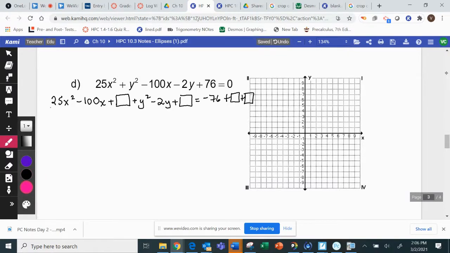Okay, in order to complete the square, I cannot have the 25 in front of the x squared, so I'm going to factor it out, but it's not going away, it's just getting factored out.